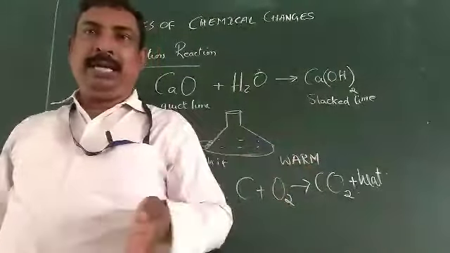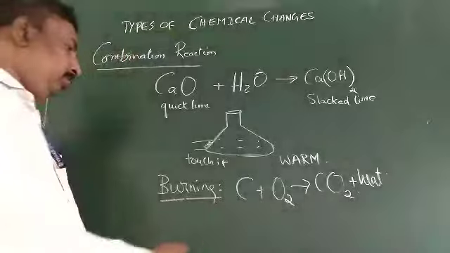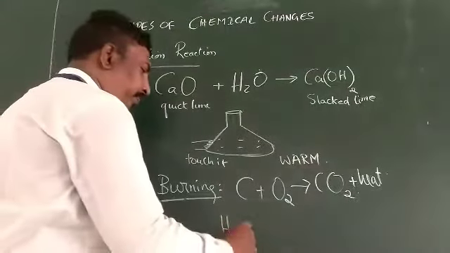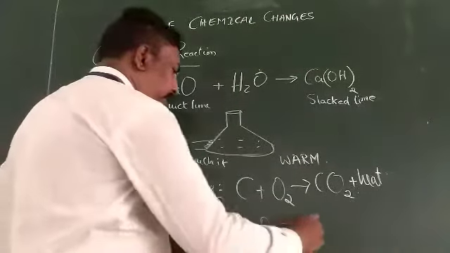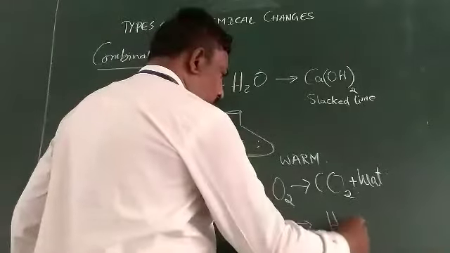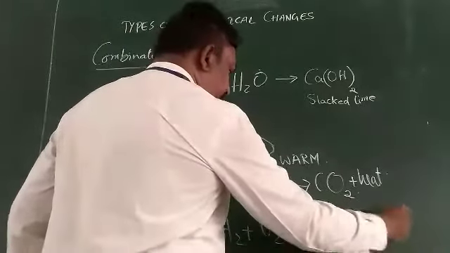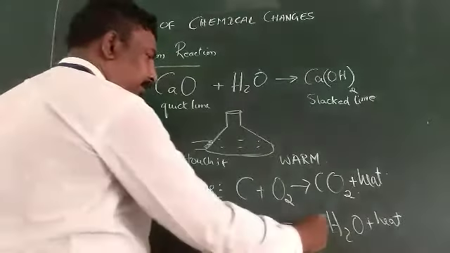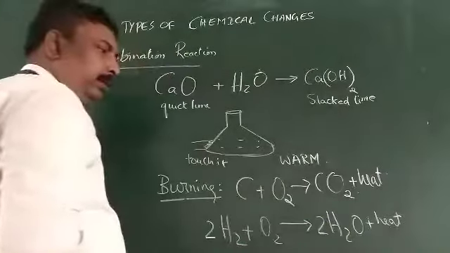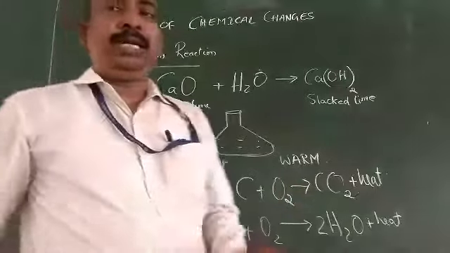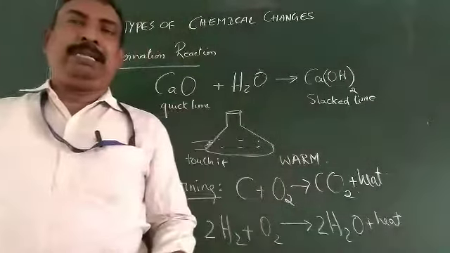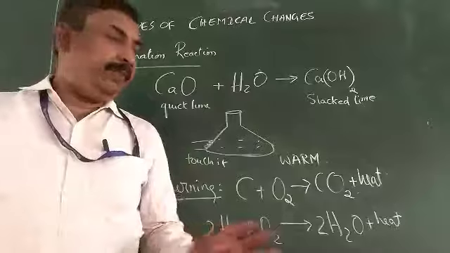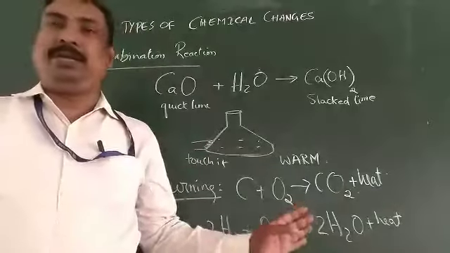So in this reaction, you can see that H2 plus O2 gives rise to H2O and releases some heat. Is it balanced? No. I need to put 2 here, 2 here. So now it is balanced. So it is compulsory that whenever we write an equation, we need to check whether that reaction is balanced or not.